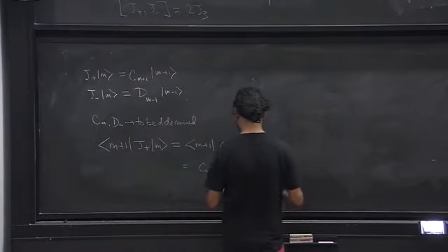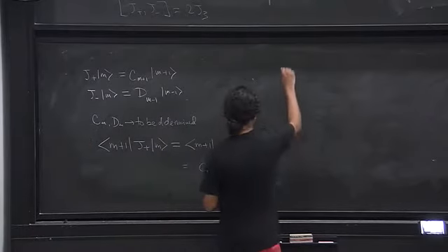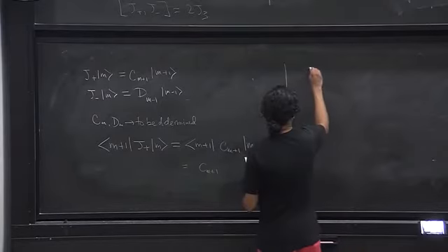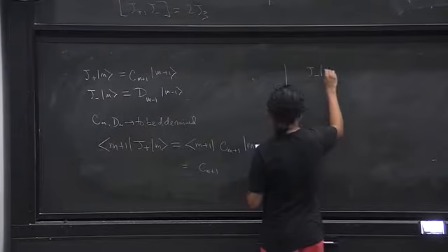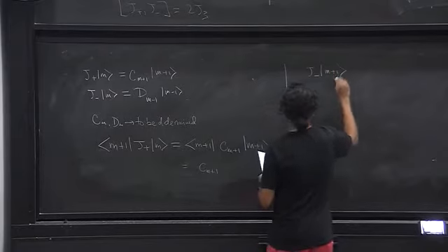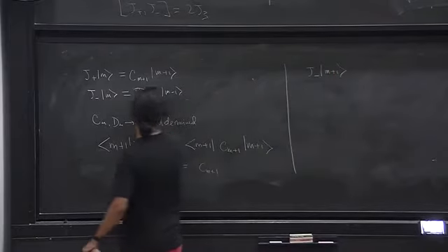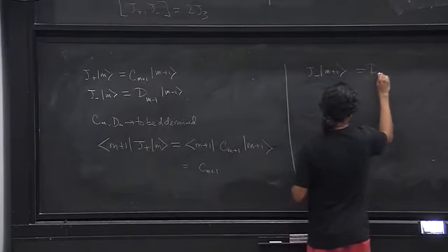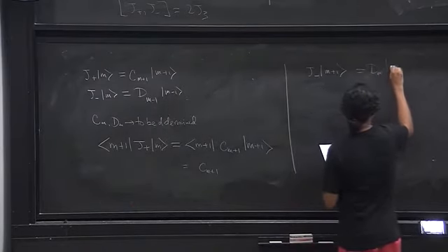And similarly, if I now consider J minus on m plus 1, then according to our definition of D, the right-hand side should give me D of m times the state m.